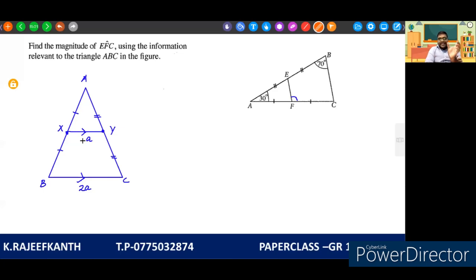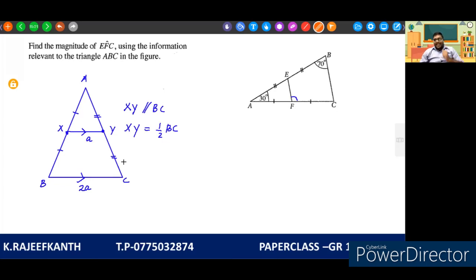The line XY will also be equal to half of the third side BC. So by the midpoint theorem, XY is parallel to BC and XY is equal to half of BC. This is the midpoint theorem.